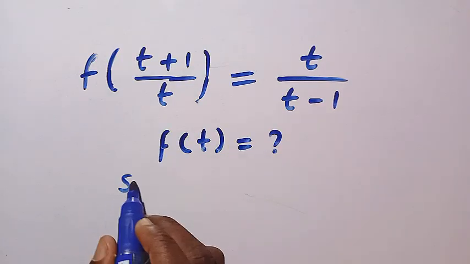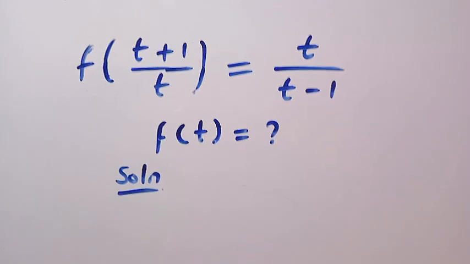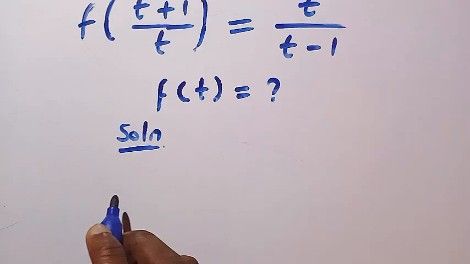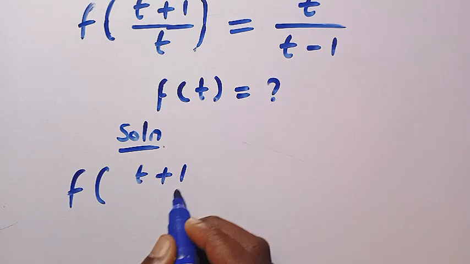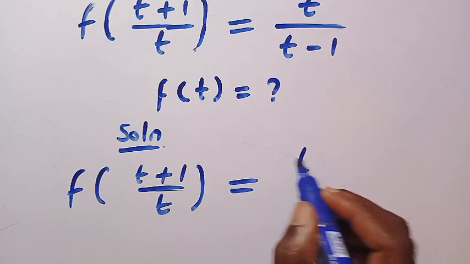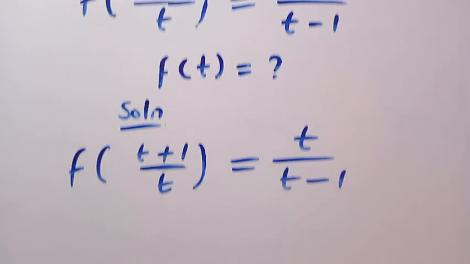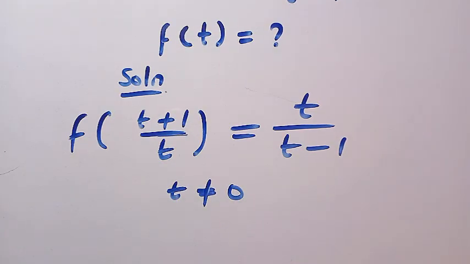The first thing we take note of is the domain: in f of (t plus 1 over t) equals t over (t minus 1), t is not equal to 0.